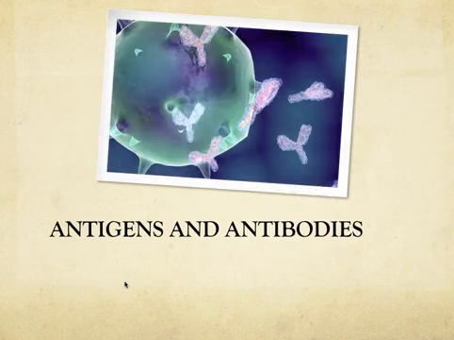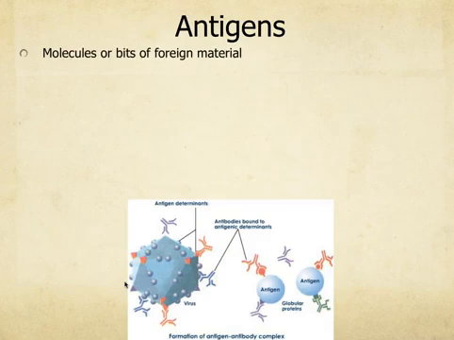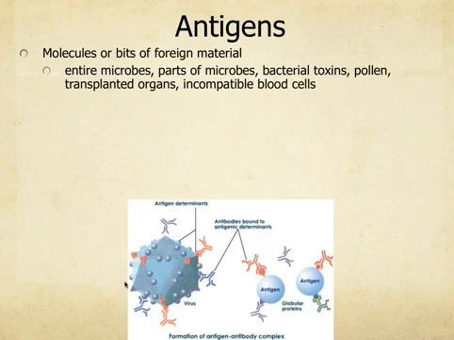Both parts of your immune system are going to attack the foreign invader. All right, so let's talk a little about the antigens and antibodies some more. Those antigens are molecules or bits of foreign material. It could be the entire microbe, as you're seeing in this part of the image. It can be parts of the microbe. It can be bacterial toxins, pollen, transplanted organs, or incompatible blood cells, like we saw.